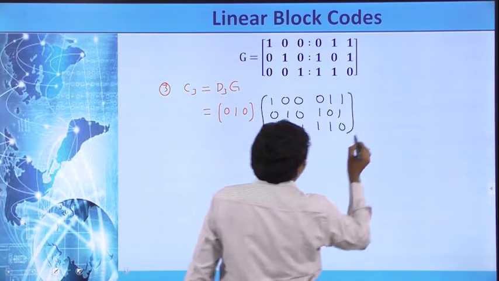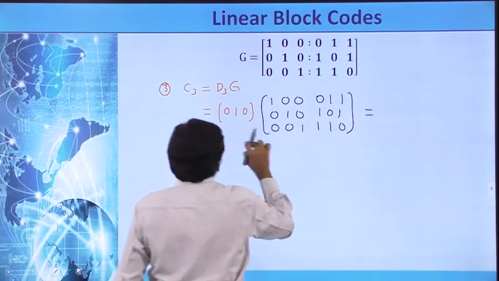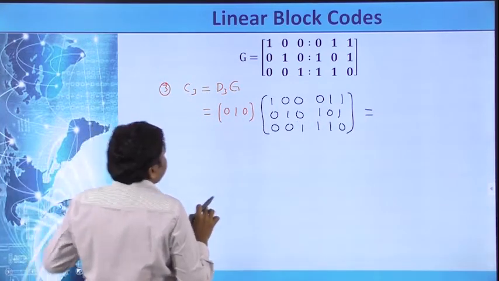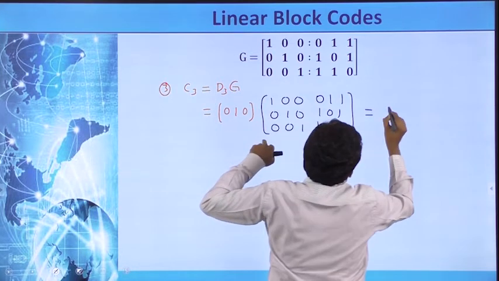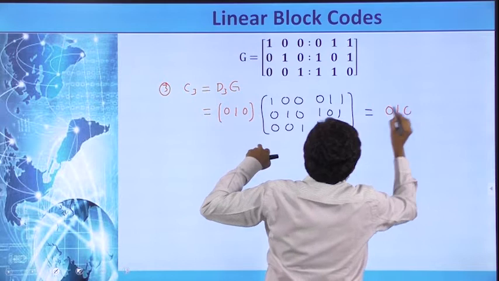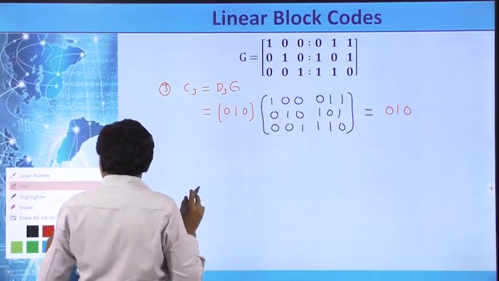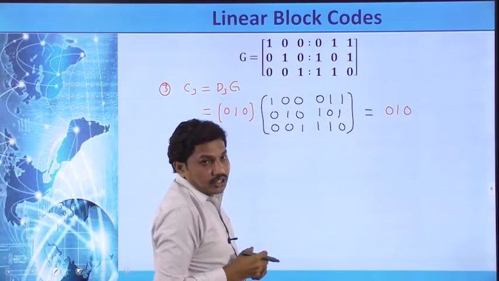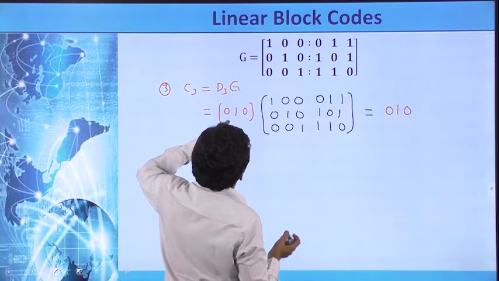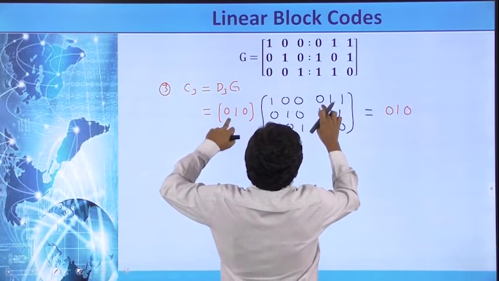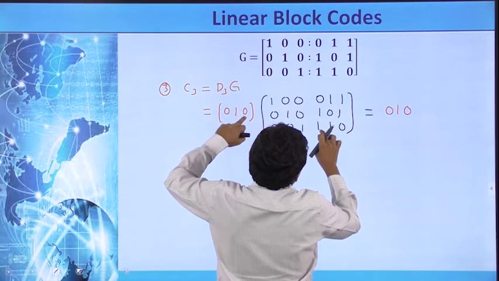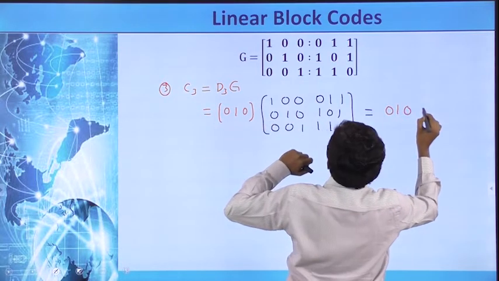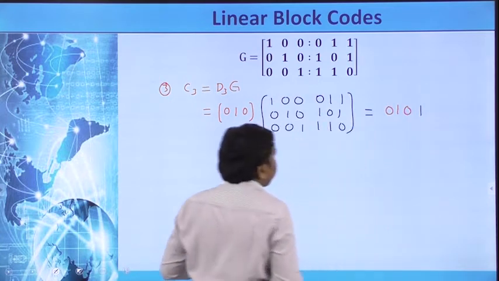If we perform the multiplication of these two matrices, the first three bits are multiplied with the identity matrix, so you write it as it is, 0 1 0. How to calculate the remaining check bits? Multiply this row with the fourth column. That is 0 into 0 is 0, 1 into 1 is 1, plus 0 into 1 is 0. So this one is 1.